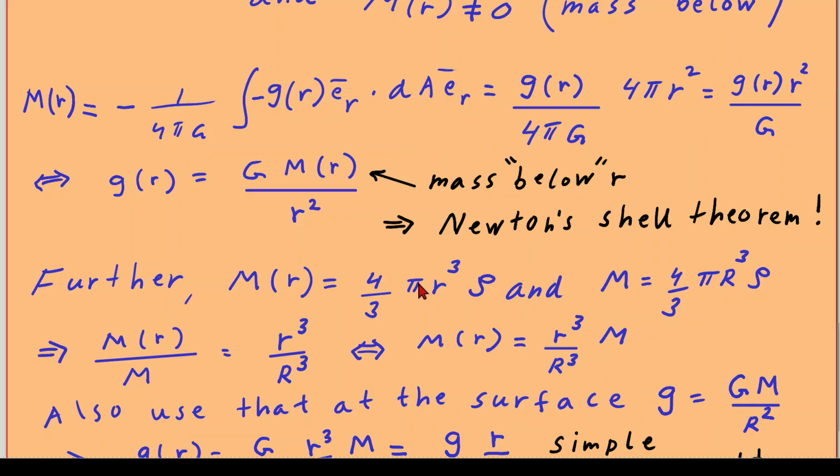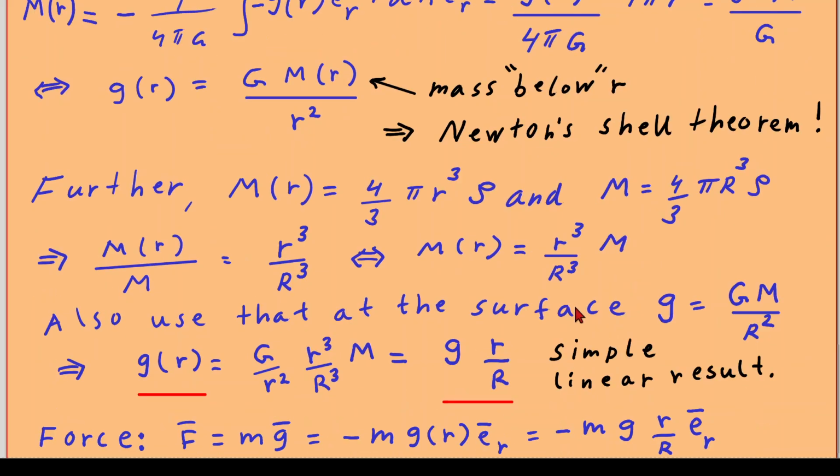For a spherical body, the volume is 4/3 pi r cubed. If we take the whole Earth up to the capital R radius, then it's like this. Divide that by the total mass, and you get this. So we now find the formula here.